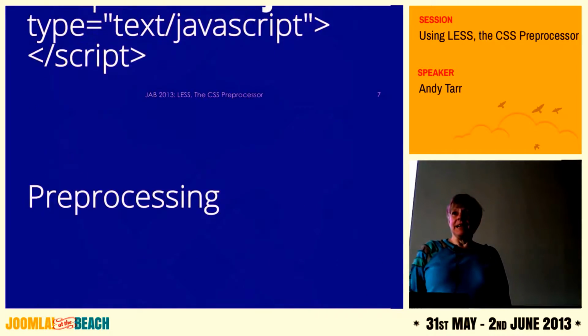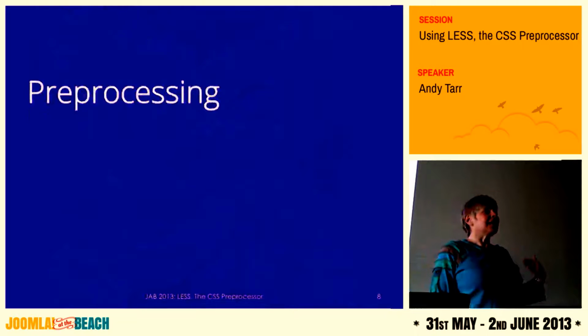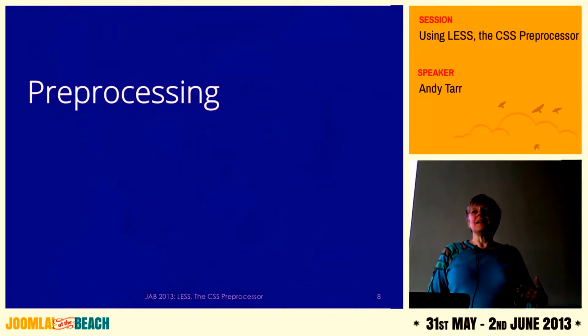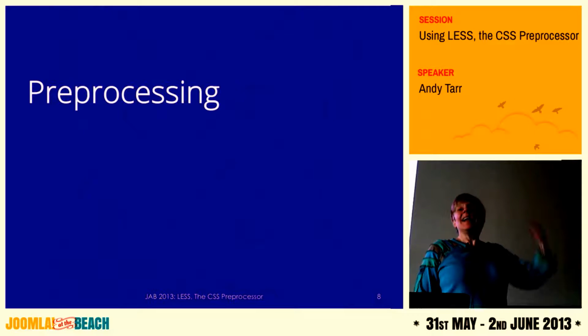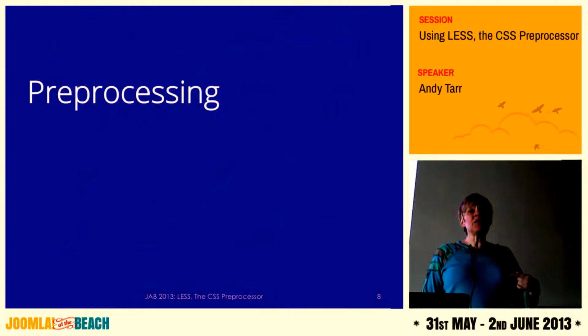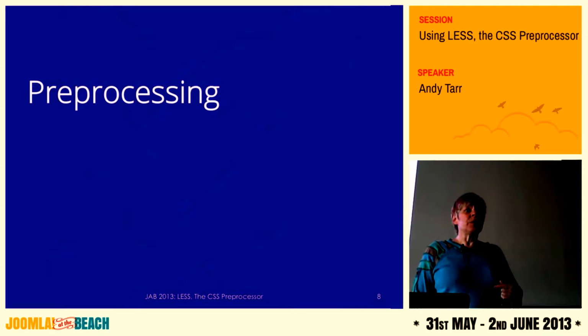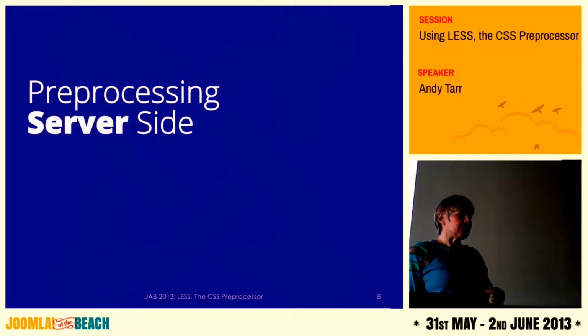Now, obviously, translating it client side means that every time somebody goes to a new page, it's got to go through this translation at that time. So in production, what you really want to do is do it server side.